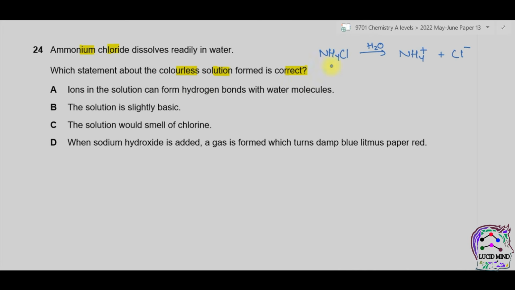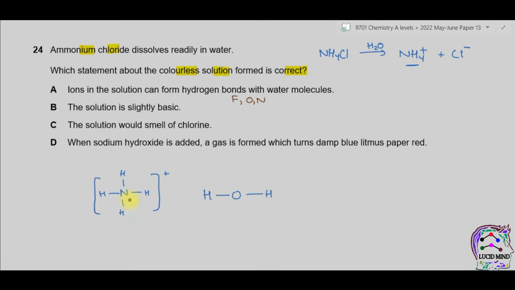Now it says hydrogen bonding can form. In the ammonium ion we have nitrogen attached to hydrogen atoms. In water we also have hydrogen attached to oxygen. For hydrogen bonding we know we must have fluorine, oxygen or nitrogen directly attached to hydrogen.